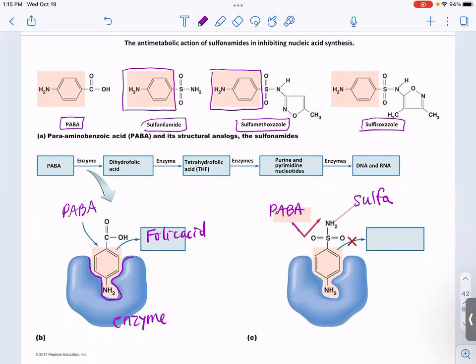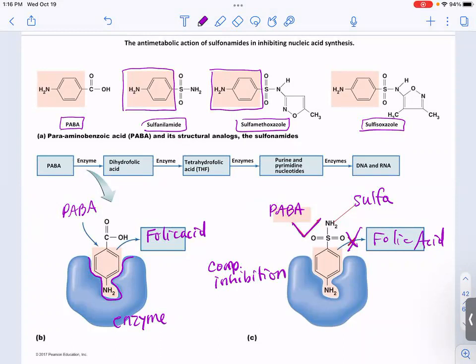Okay, so now PABA can't bind, and then you're not going to get any folic acid because it's not the correct substrate in there. So I think this was a question on the last exam, you know, that gave you an example of a sulfa drug and how it binds to the active site. So this is an example of competitive inhibition. Okay, so no folic acid.